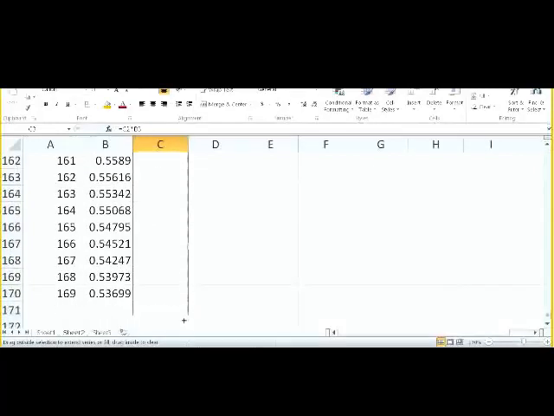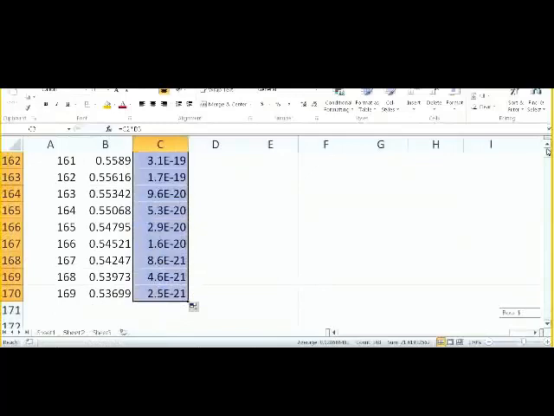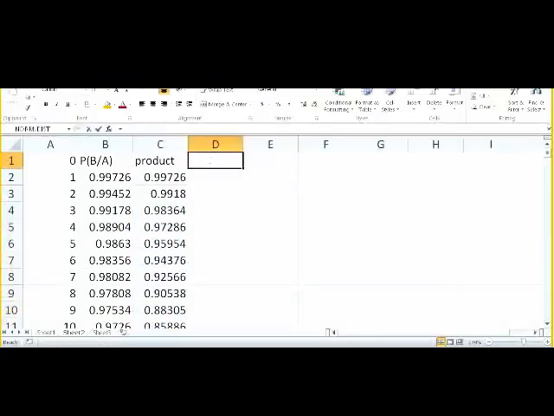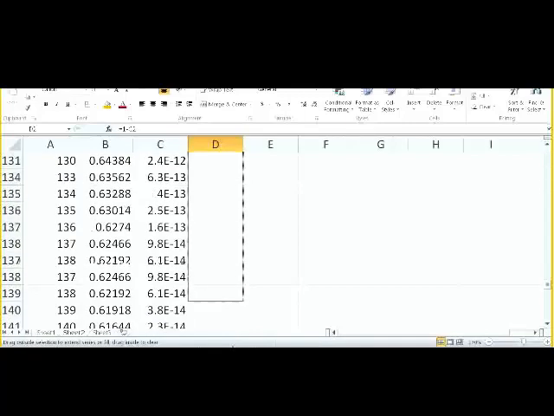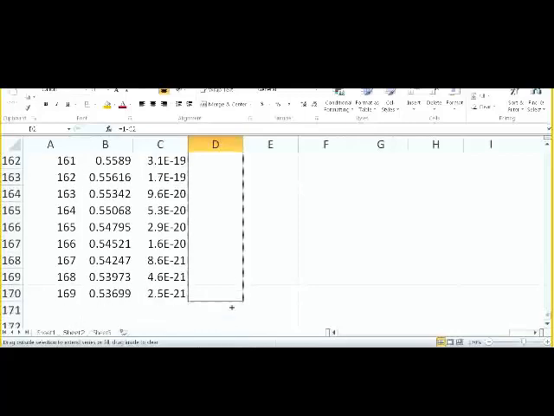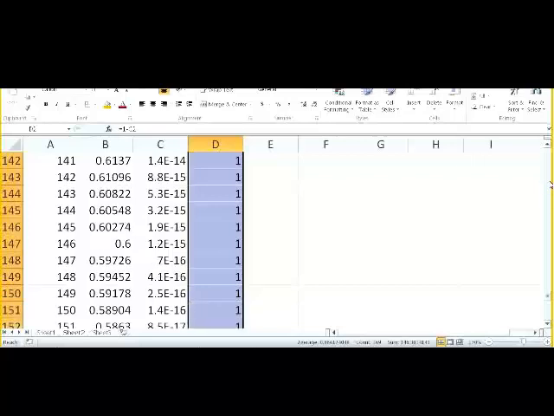And if I copy that equation down all the way down here, and then I take this number and I subtract 1 from it because it's a complement kind of thing. So the third column is the probability that people will not have the same birthday. If you take 1 minus that, that's the probability that 2 people will have the same birthday.